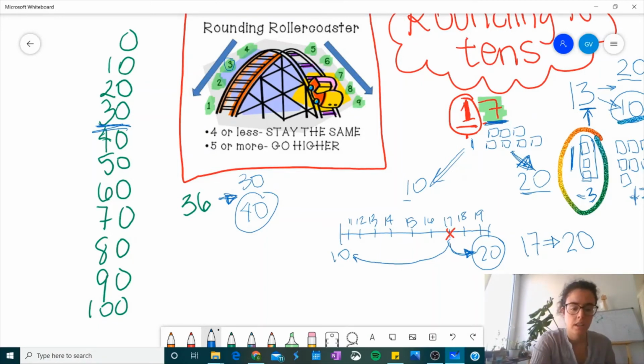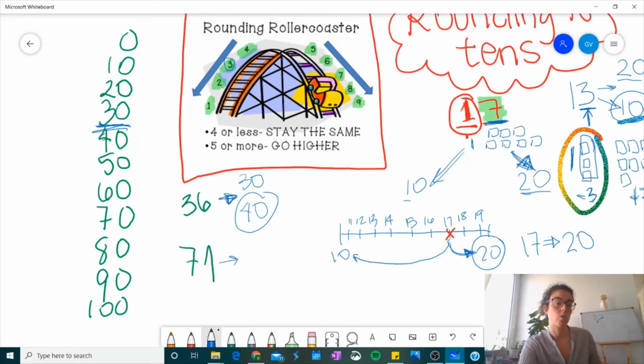All right, let's talk about what if the number is 71. What are the two options of 10s that we could round to? Well, 71 is between 70 and 80. So, is 71 closer to 70? Or is it closer to 80? What do you think?